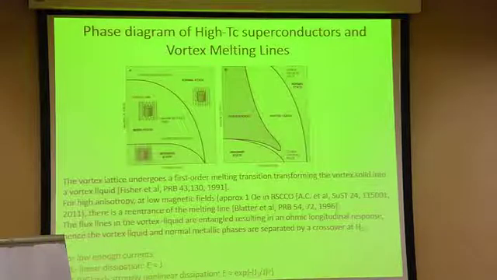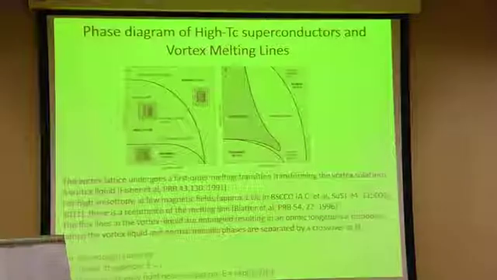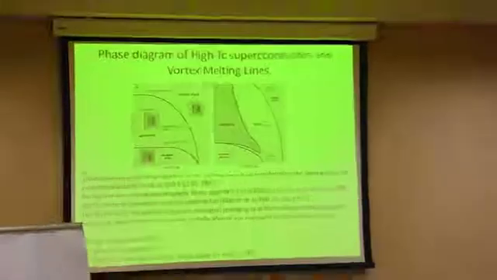Opposite to that, in a vortex liquid, if you apply a current, the dissipation will be proportional to that current. So the IV curve will be a straight line in log scale. So in practical meaning, a superconductor in a vortex liquid phase behaves like a normal material but with a much smaller resistivity.